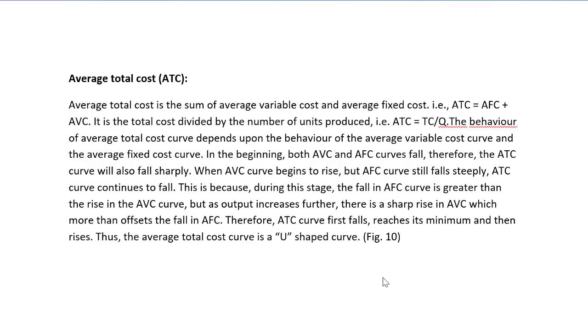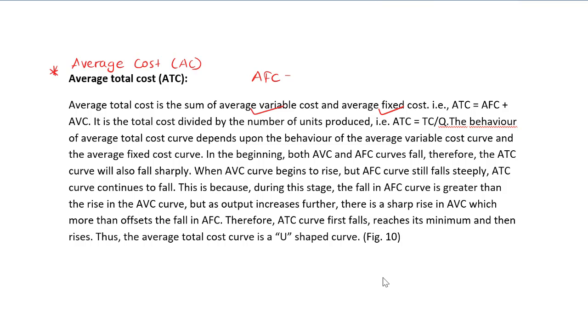Let us continue with average total cost, which is also known as average cost, AC. Average total cost is the sum of average variable cost and average fixed cost.